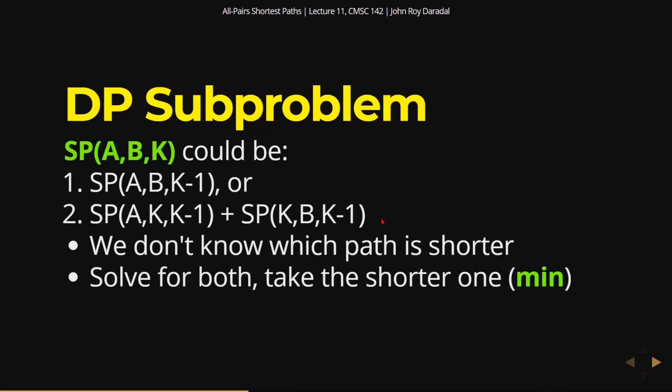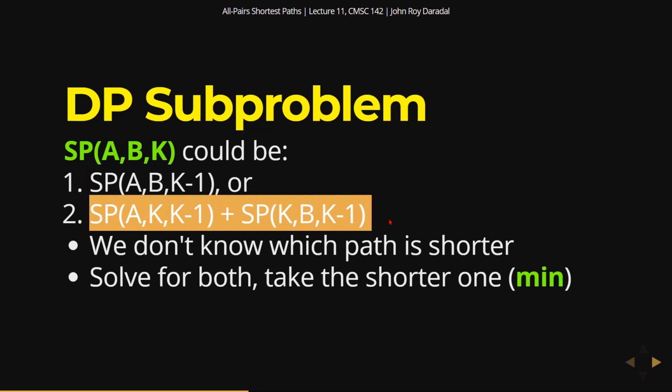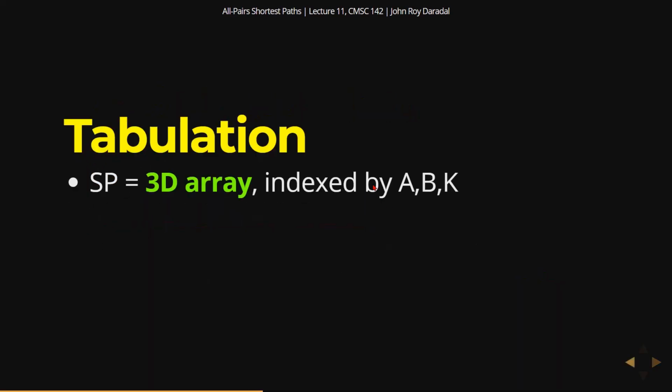So we'll get the minimum. Okay? So that's it. We will just get the minimum of either this value or this value. Okay? So we can now tabulate everything, because our current subproblem's value can be based on the smaller subproblem's value.